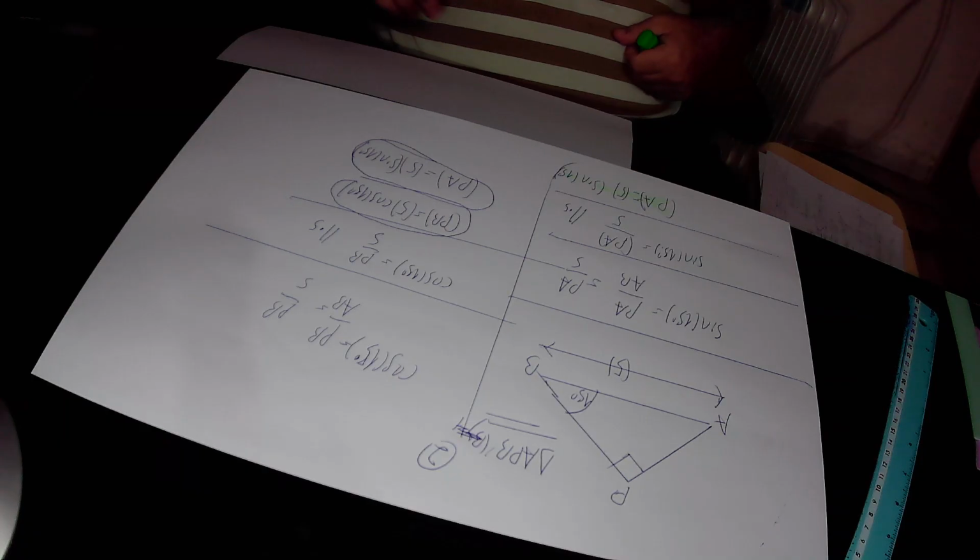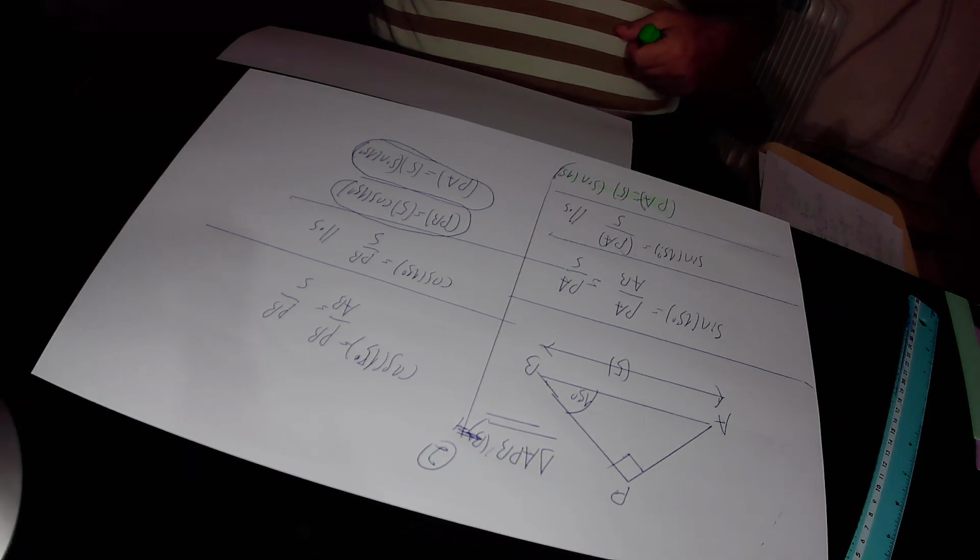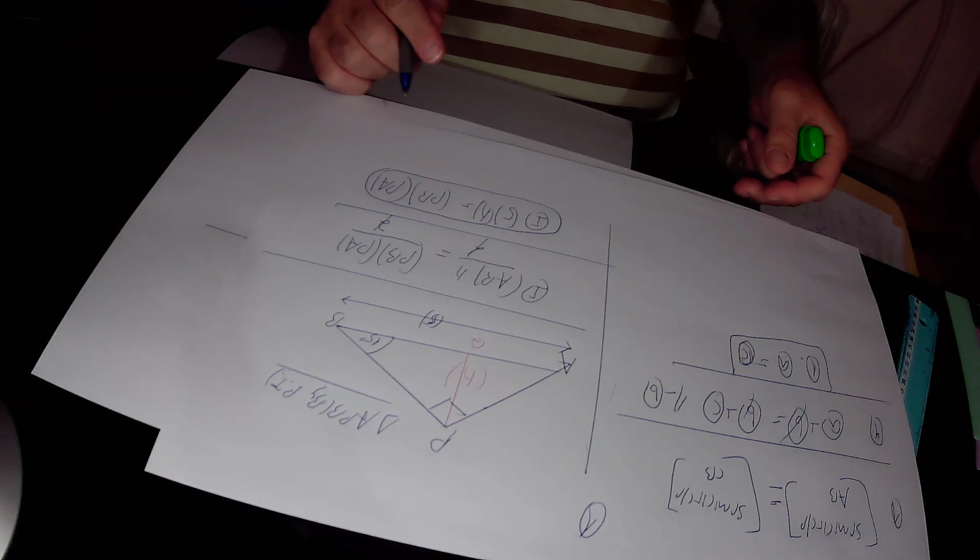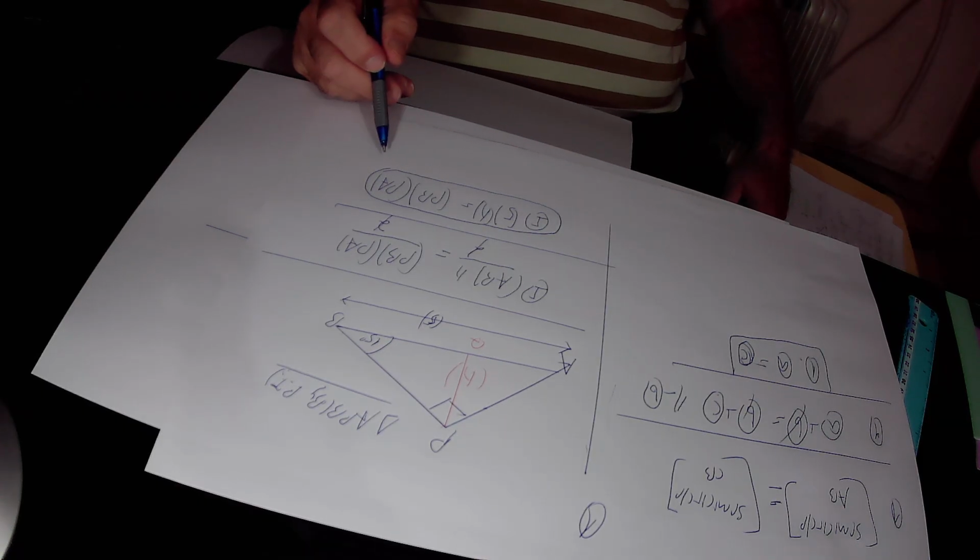And according to equation 1, 5H equals PB times PA.